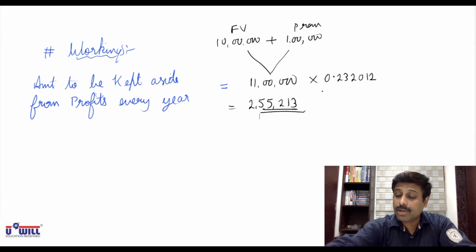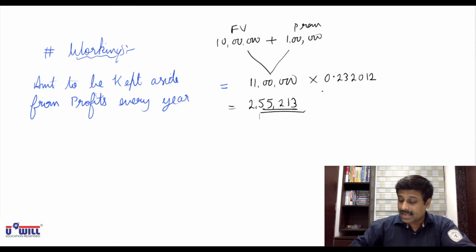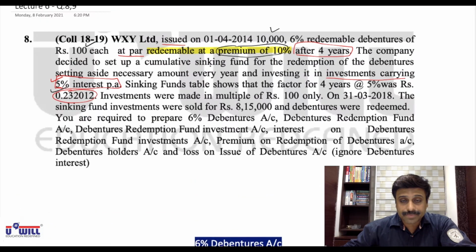So what amount will you keep aside from the profits every year? 2,55,213. I repeat it again: 11 lakhs into 0.232012. So you'll keep aside 2,55,213 rupees from the profits every year.